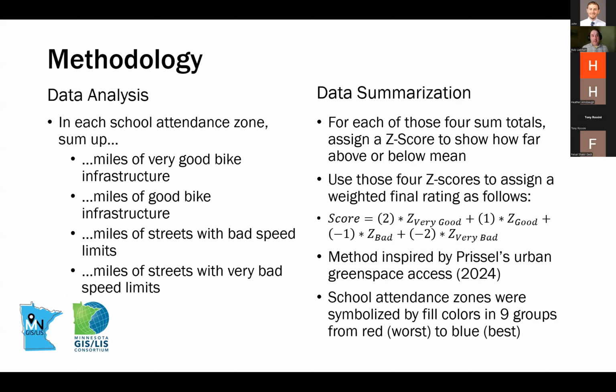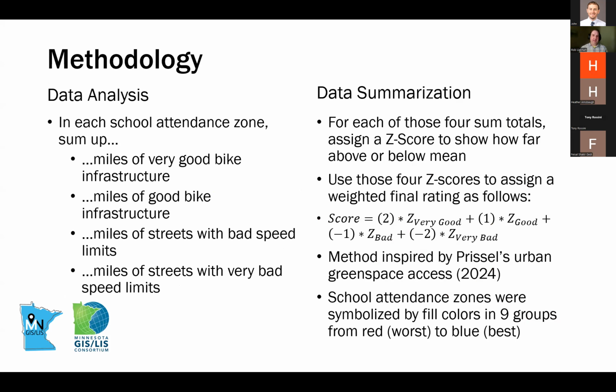So now that I had all this bike infrastructure, some good, some very good, all these high-speed streets, some bad, some very bad, with all of their lengths calculated, what did I do with that data? Well, in each school attendance zone, I added up those 4 different things. How many miles does it have of each of these 4 things?